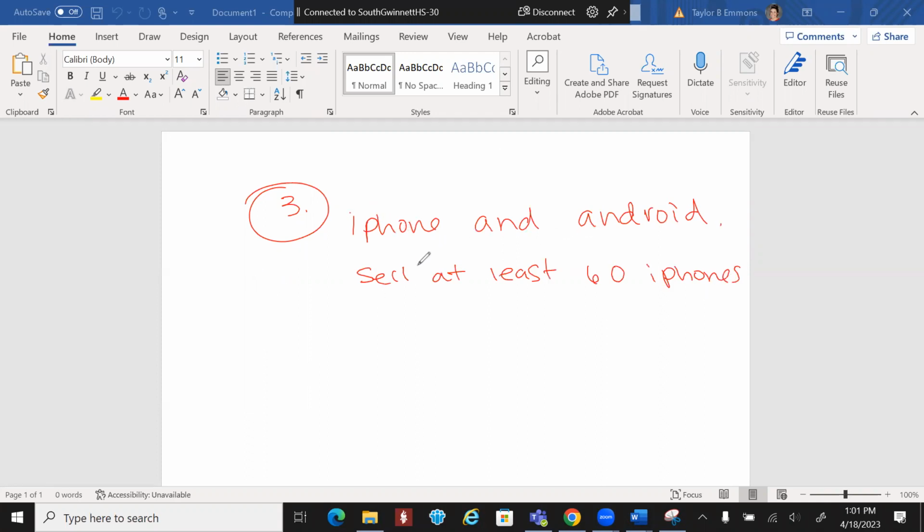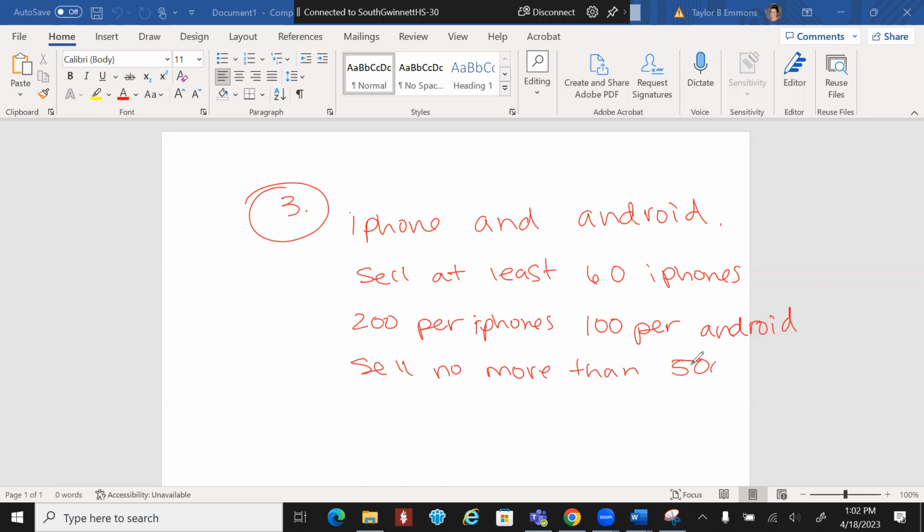And the iPhone costs, let's say, $200. And Android sells for 100. And they want you to sell no more than 500 worth of material.